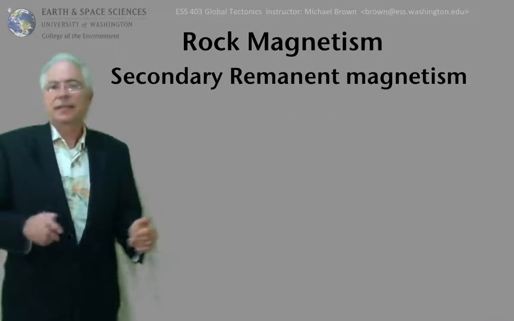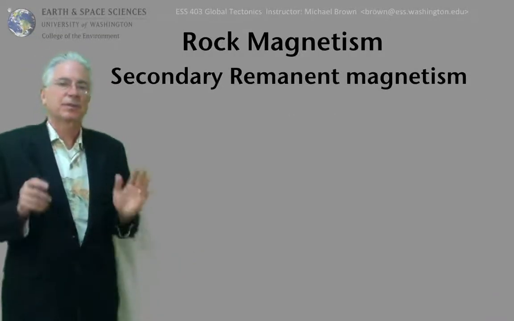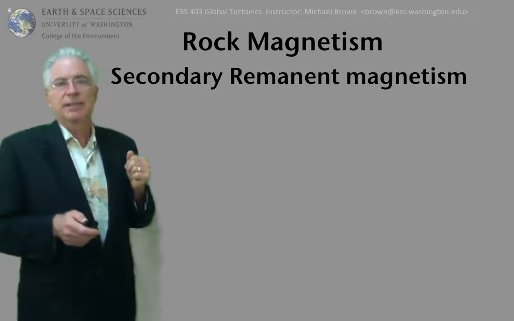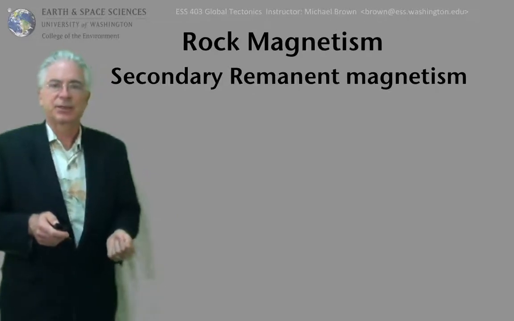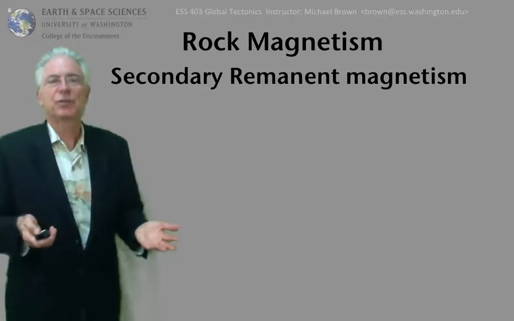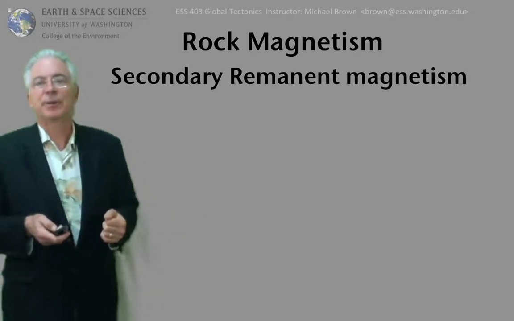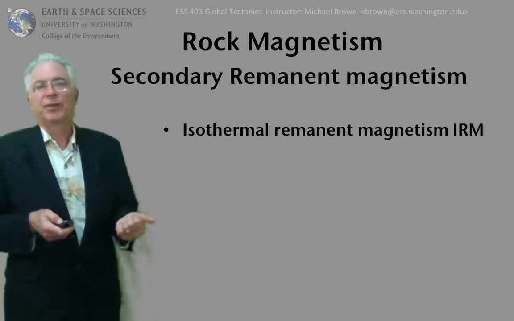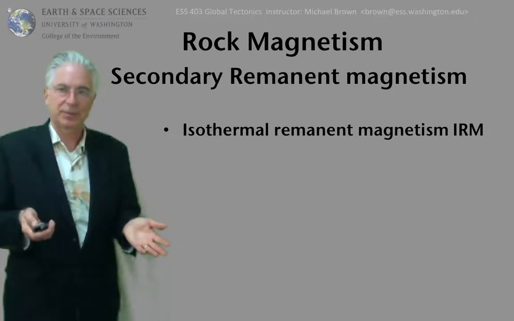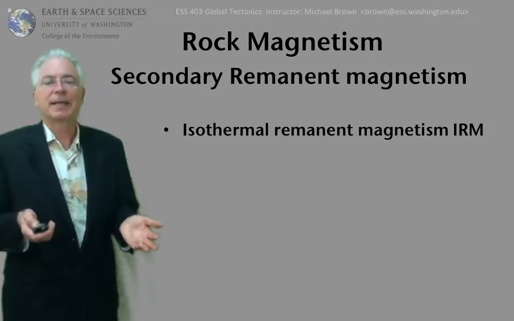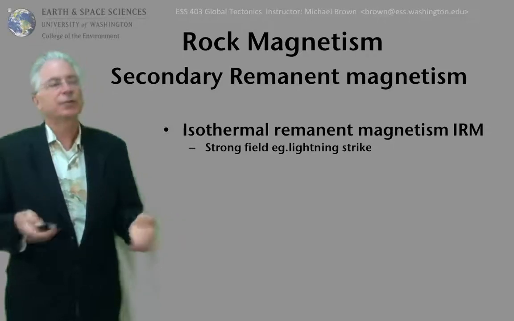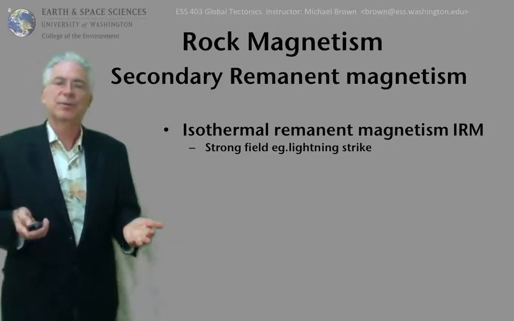There are secondary remnant magnetizations, the primary ones being thermal remnant magnetization and depositional remnant magnetization. Secondary means it's hopefully weaker or it's not as useful, and let me point out what secondary remnants are. Well, first of all, there's the isothermal remnant magnetization that I already talked about when I talked about magnetic hysteresis. You use a strong magnetic field to align the magnetization of the minerals in the rock.